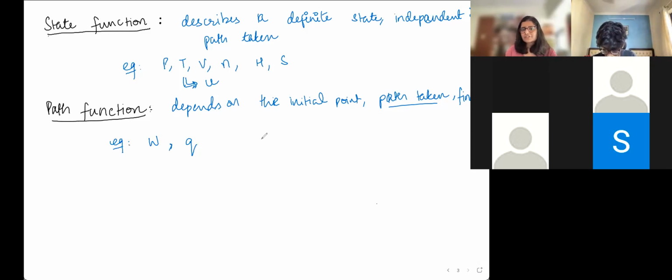Why is this a path function? So basically work done can take a positive value or a negative value. So if work is done by the system, like suppose there is a gas inside, and work is done by the system, meaning, let's say it moved this piston from here to here. Okay, so this was the initial point, this is the final point.